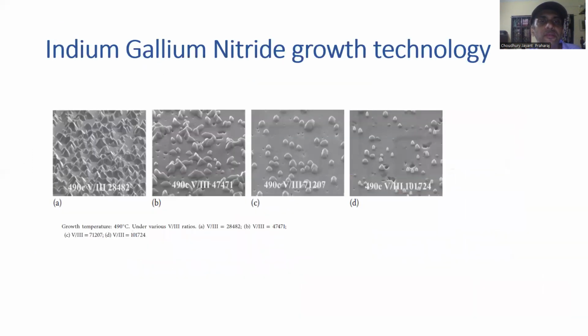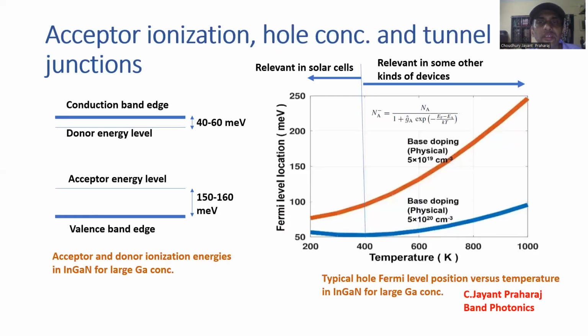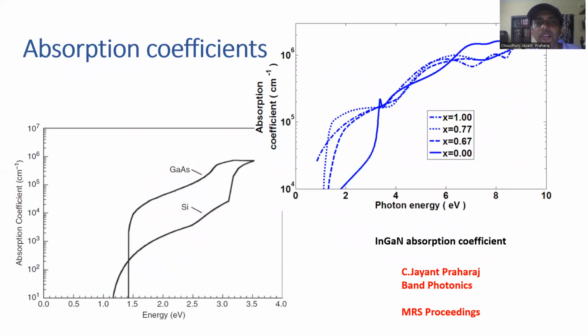Talk some more about one of the previous slides. So stay on this slide because it shows different material compositions, for example, different indium compositions in indium gallium nitride. This slide shows absorption coefficient.